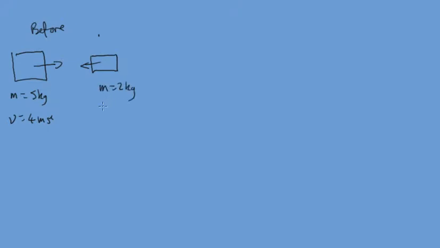So here we've got our before. We've got some mass in this direction and some other mass coming in this direction. The mass is 5 kilograms here, and the velocity is 4 meters per second. And this mass is 2 kilograms, and this velocity is 6 meters per second. We're going to define this direction as positive.